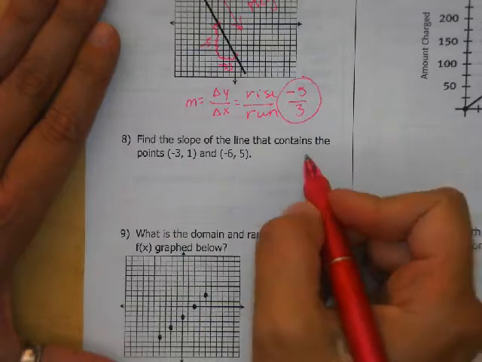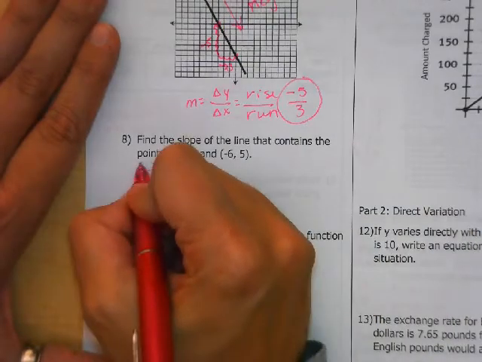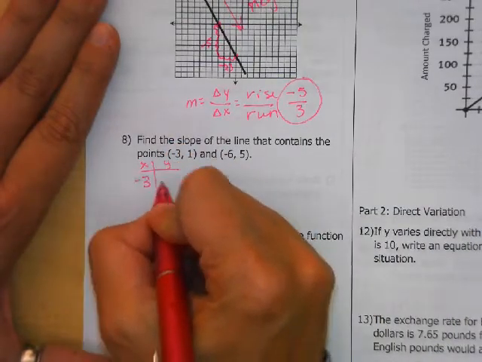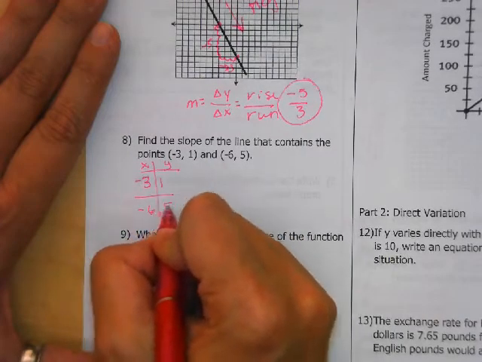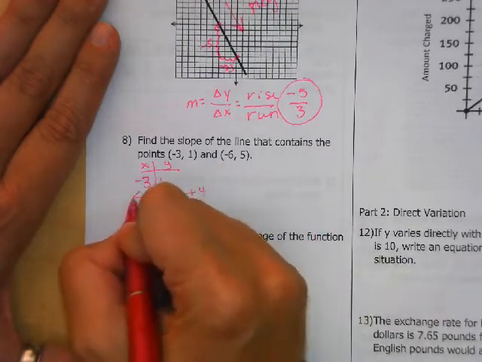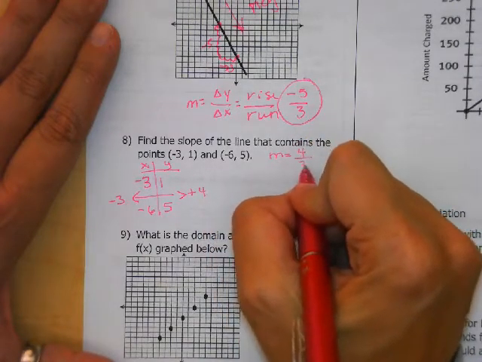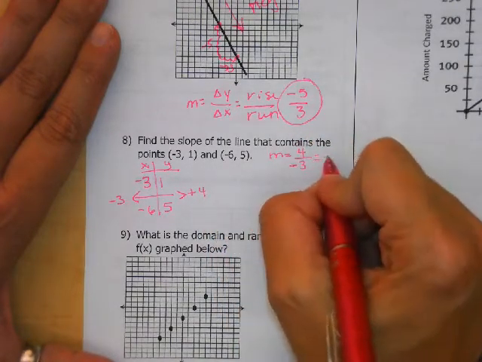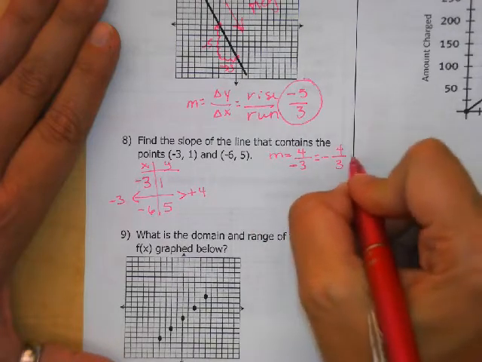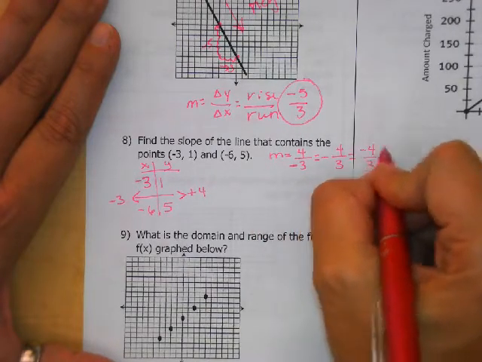The slope of a line, okay, you have two options here. You can make a mini table, and you can do your change in y over your change in x. So we can say our slope is 4 over 3 negative. You can also put that negative in the middle. You can also put it in the numerator.